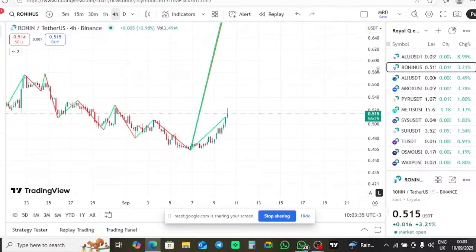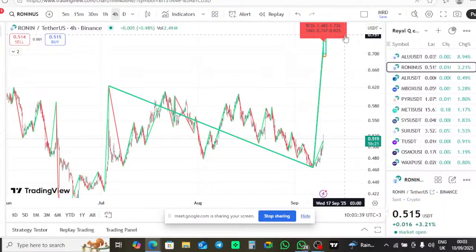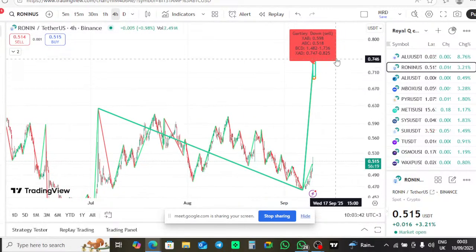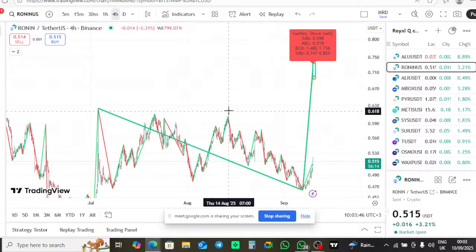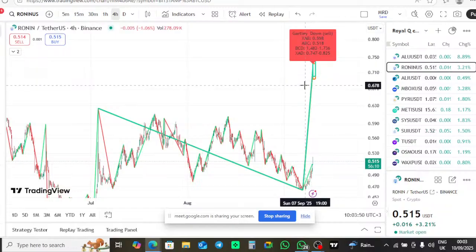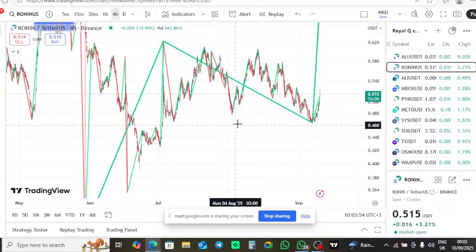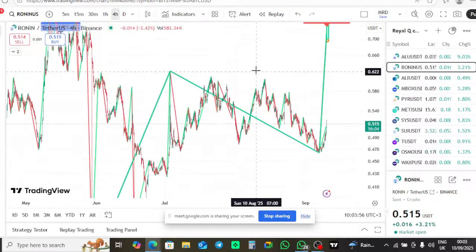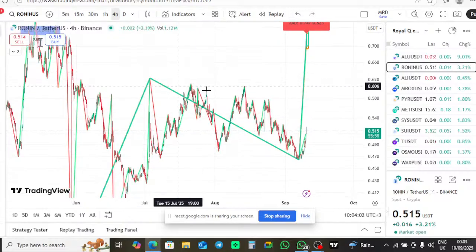Good. We can see the Gartley Predictor predicted that this coin is likely to move up to this level. But when you try to squeeze the chart and you look at the chart, you can see that the first target that you could look at is this area here.